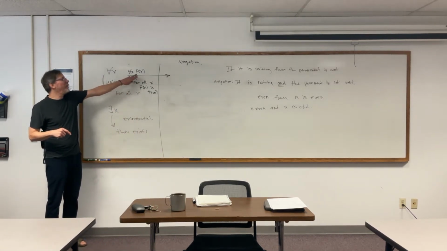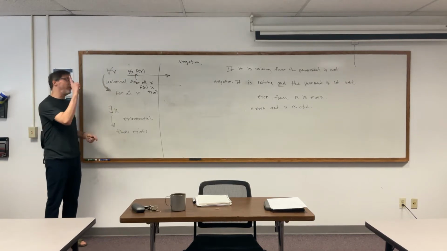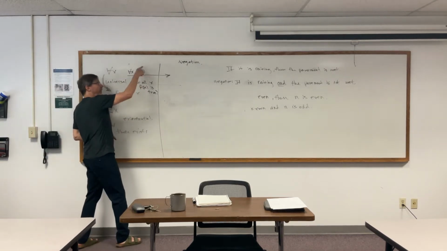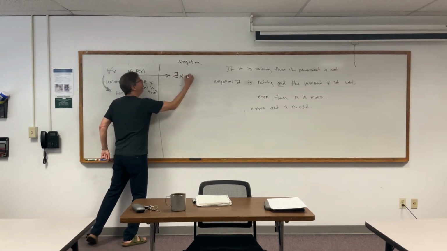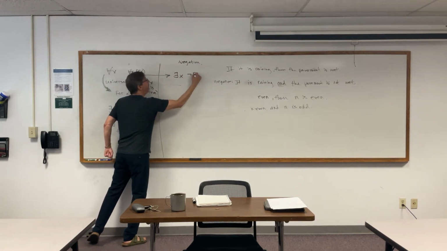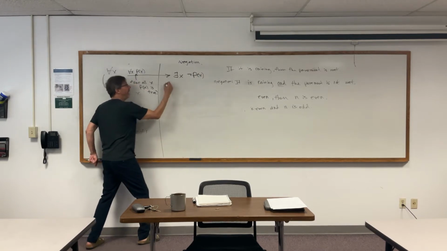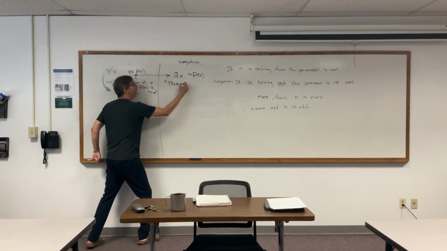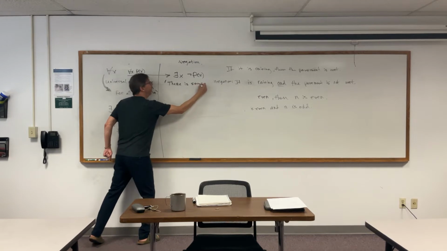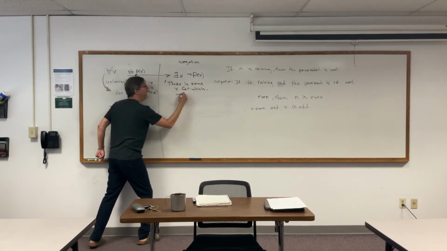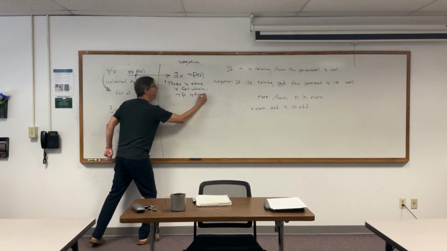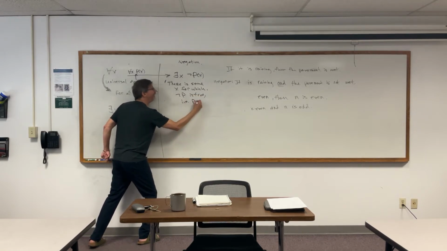So to say that this is false, all I need is one counterexample. The opposite is there exists an x such that not P of x. Let's write the sentence out. There is some x for which not P is true, i.e. P is false.